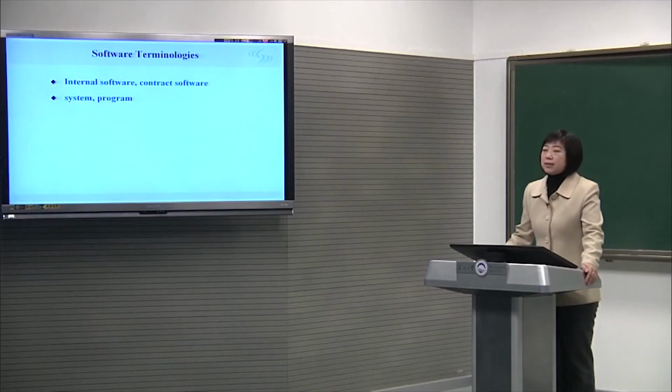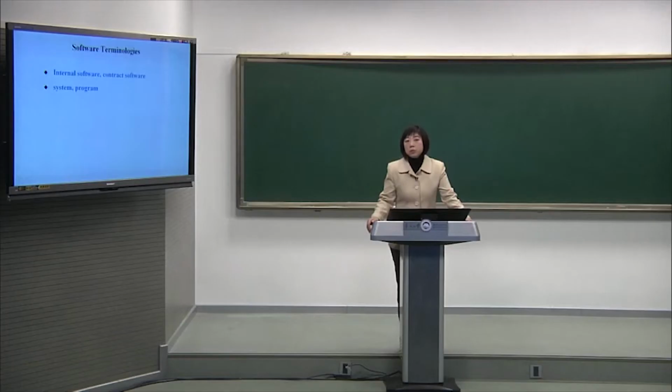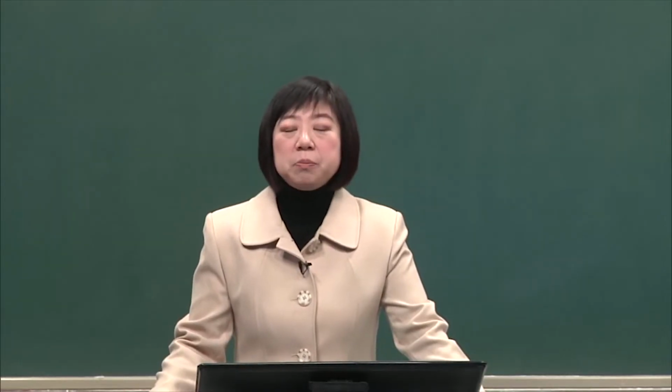Next, system and the program. System, such as operating systems, or network systems, and so on. Actually, a system is big. That means the system will include or provide some functionalities to the users. A program is small.